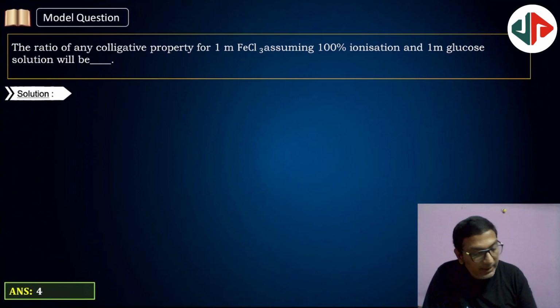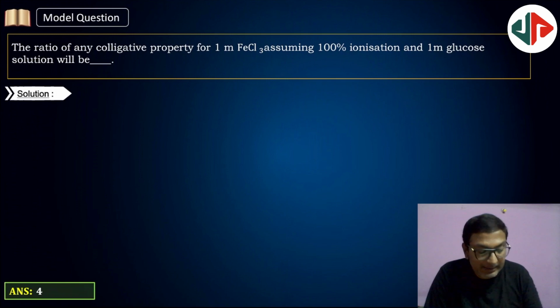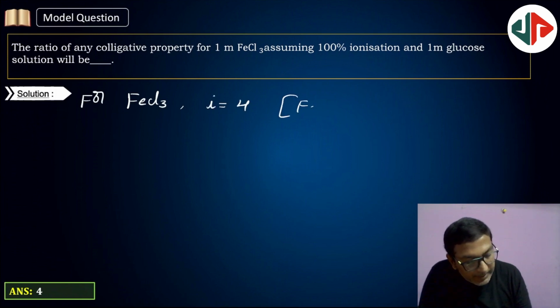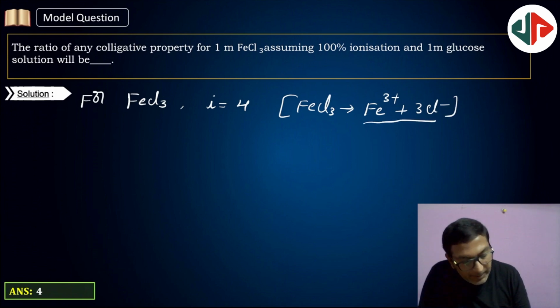So the ratio of any colligative property for 1 molar FeCl3 and 1 molar glucose solution. For FeCl3, i value equal to 4. That means FeCl3 dissociates to Fe3+ and 3Cl-, so here i value equal to 1 plus 3, 4.